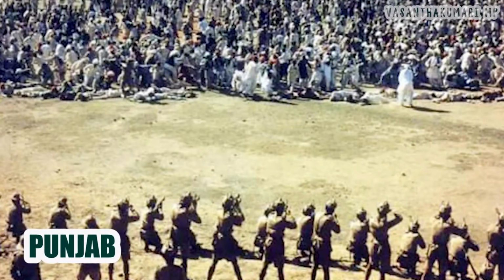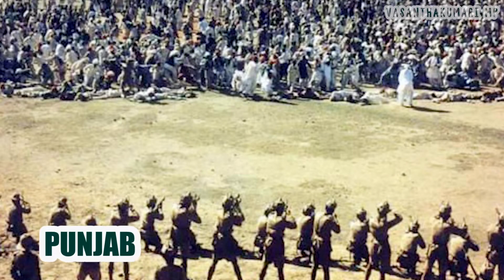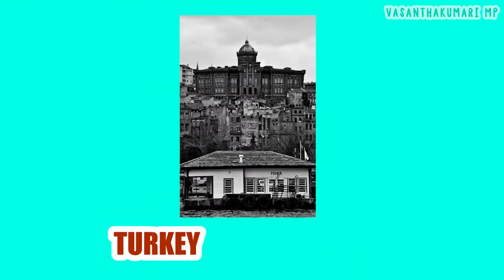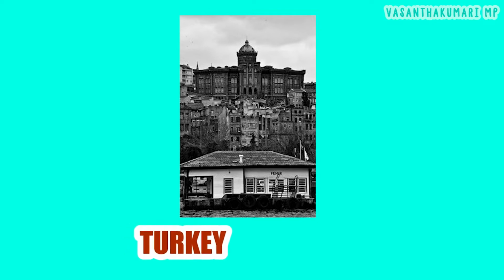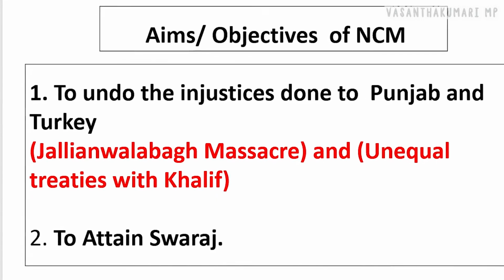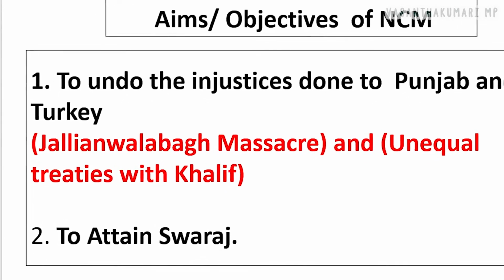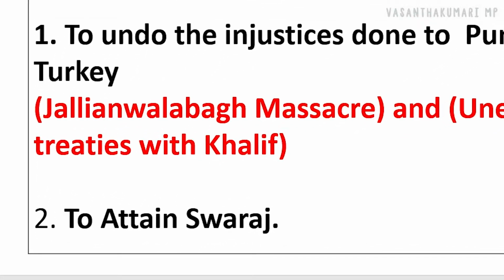In Punjab, it was the Jallianwala Bagh massacre, and in Turkey, the British treated the Caliph in a very bad manner after the First World War. And the second and most important aim of the non-cooperation movement was to attain Swaraj.